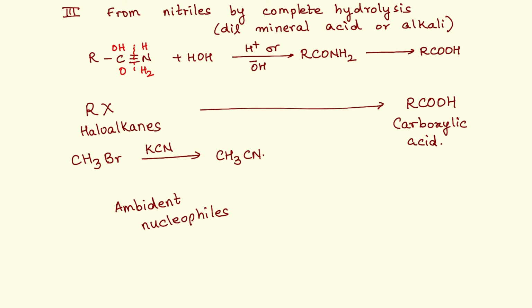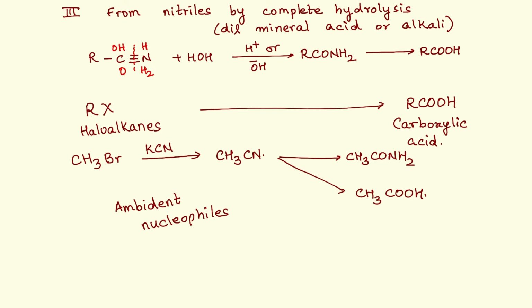Now notice something interesting. My haloalkane had one carbon atom, whereas my corresponding nitrile now has 2 carbon atoms. I can either convert it to CH3CONH2, or I can convert it into a carboxylic acid.